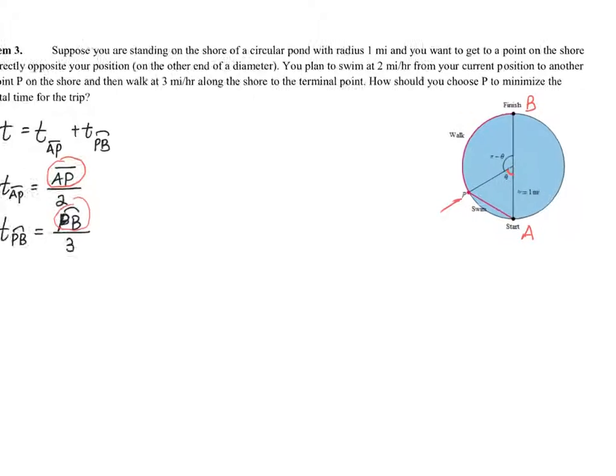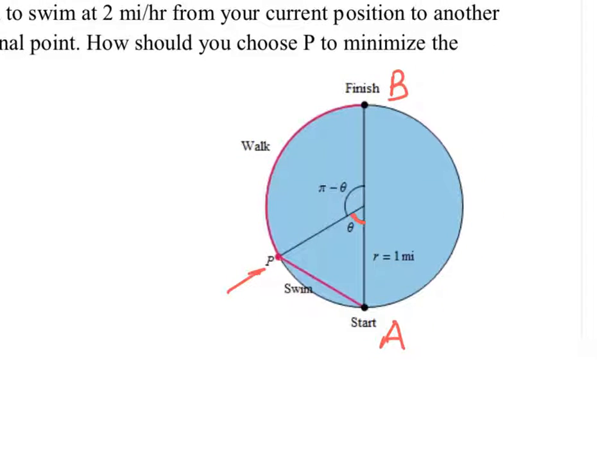So I'm going to zoom in here. Let's define this angle as theta. And then if this is theta, how do we find the length of this segment AP? This is what we are going to do. There are a couple of different methods.